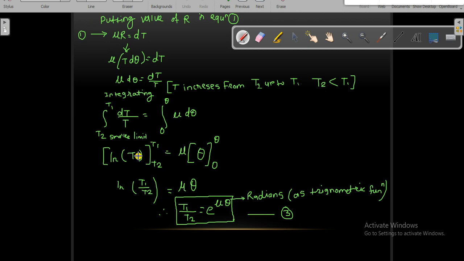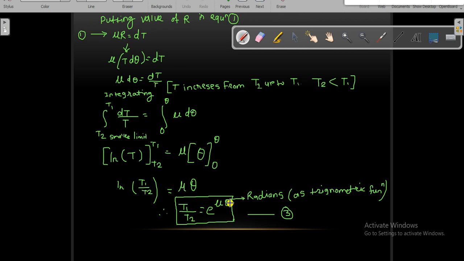Finally, by solving this, we get ln, that is log T1 by T2, is equal to mu theta, the relation showing how T1 and T2 vary along with theta. Along with this equation, one more equation will be very important to solve the band brake system or the design of the band brake.